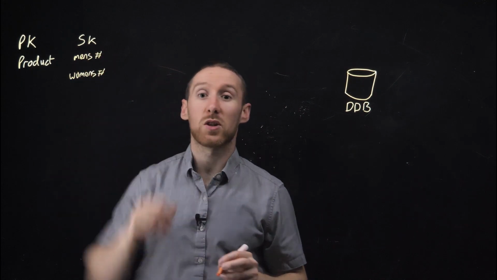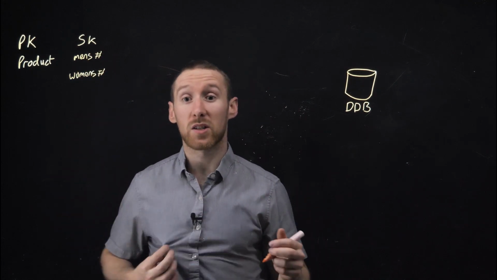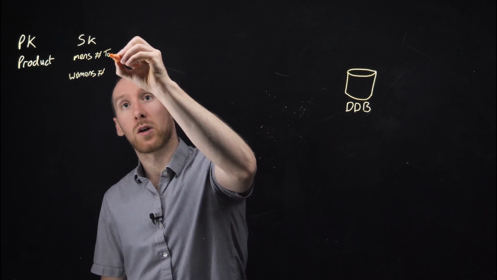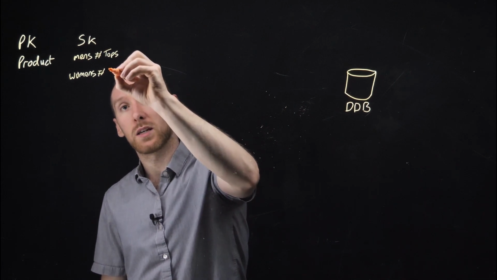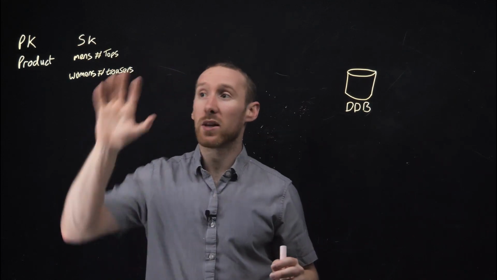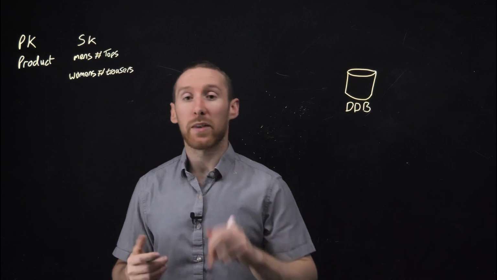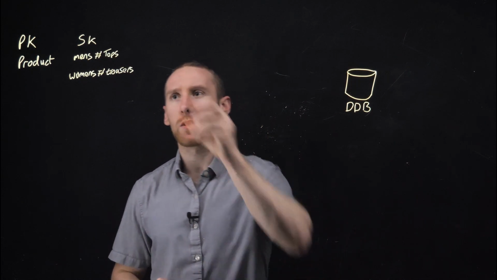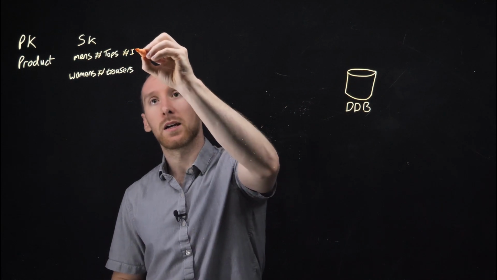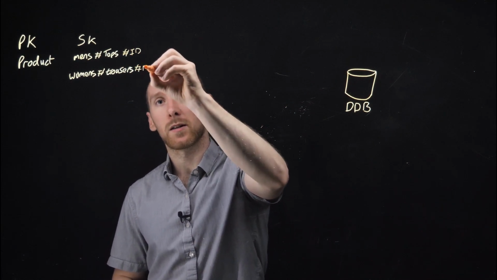The second stage is going to be what kind of clothing is it? Is it a t-shirt? Is it trousers? So I'm going to call this tops, and this could be trousers. And now we've got this level of hierarchy. I think that's enough for this application. So I'm just going to add a hashtag and then an ID here.